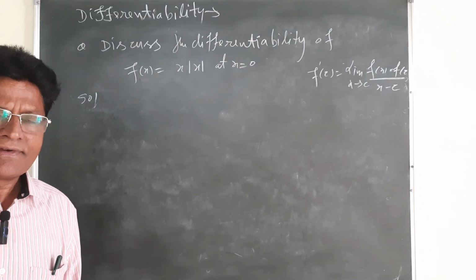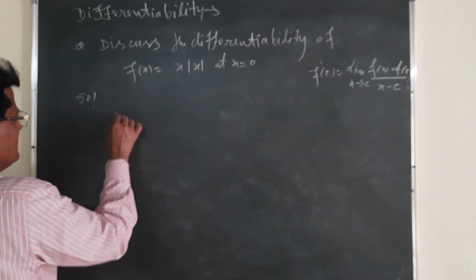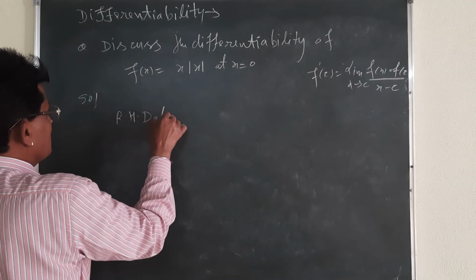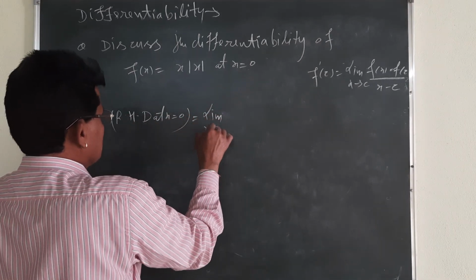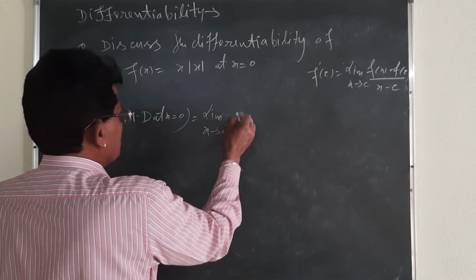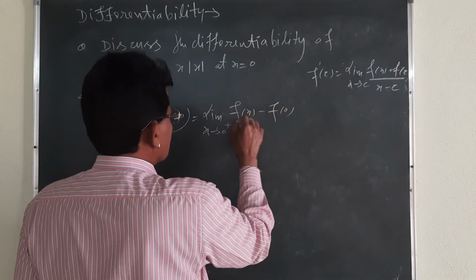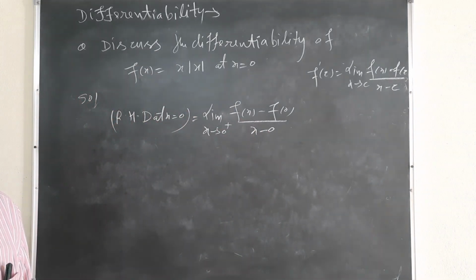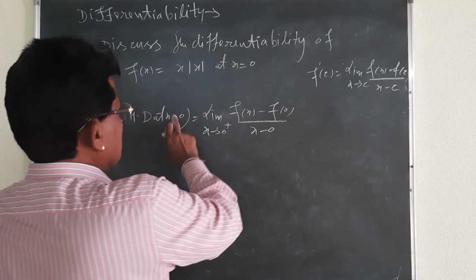Left hand derivative should be equal to right hand derivative at 0. Let me take the right hand derivative at x equal to 0. Right hand derivative: limit x tends to 0 of f(x) minus f(0) upon x minus 0. A similar kind of thing which I told you just before, because we are taking at 0.